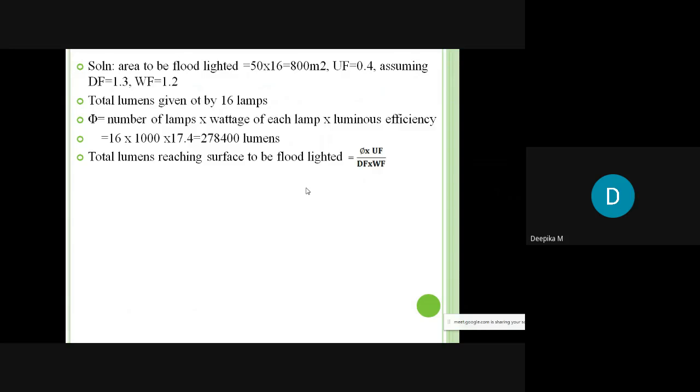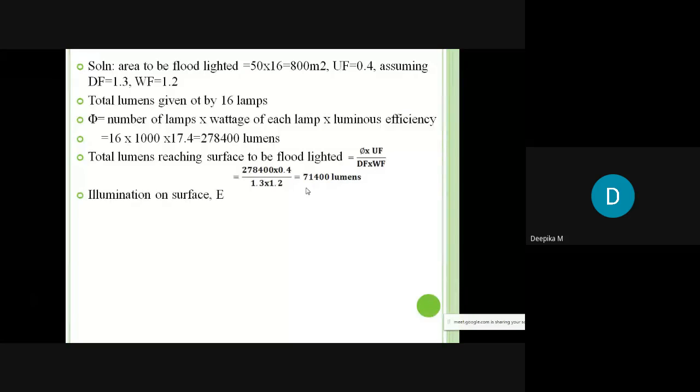This is with respect to the surface, so therefore you have to divide by the depreciation factor and waste factor and multiply by the utilization factor. With respect to light, you have to multiply. With respect to surface, you have to divide. Next, substitute the values. You'll get 71,400 lumens.